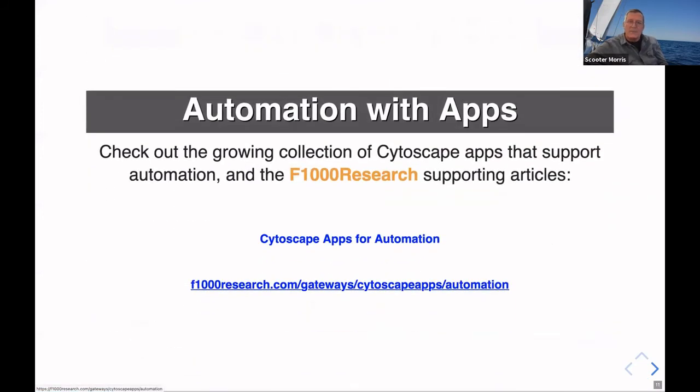And the cool thing is a number of apps basically export either REST interfaces themselves or commands, as the command syntax shows. And so a lot of the apps that you'll find in Cytoscape are accessible to you from R or from Python.